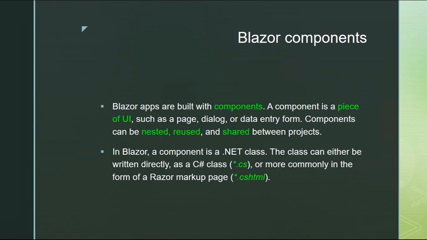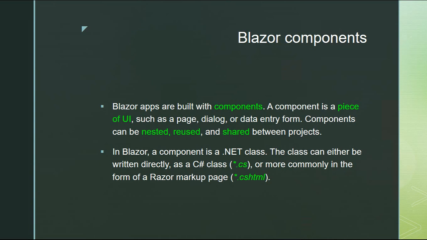So everything is going to be components, and a component is a piece of UI. Those components can be used nested, just like the use of a component. It is represented through a C# class, called a Blazor component.